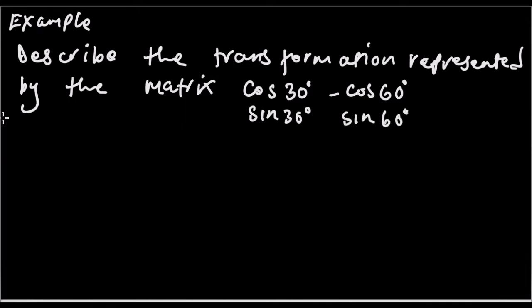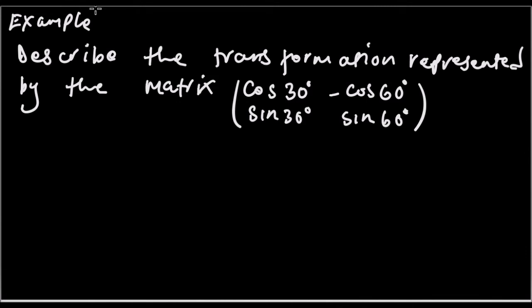So this is our matrix, and we are supposed to describe the transformation. What we are going to do is find the coordinates of our image from our object, and then we will be able to plot the two figures and see the kind of transformation represented by this matrix.